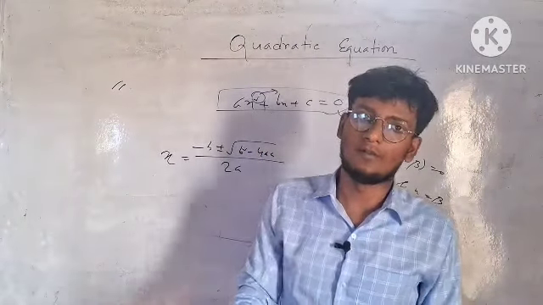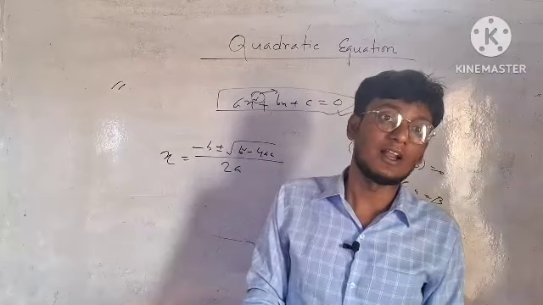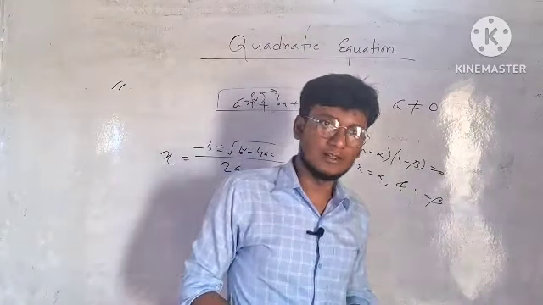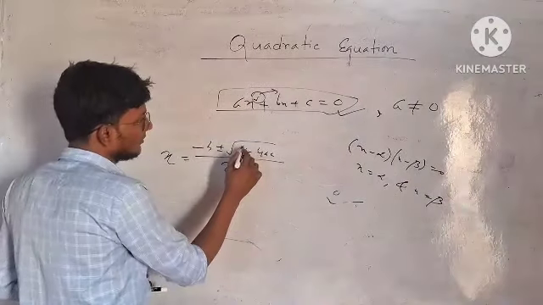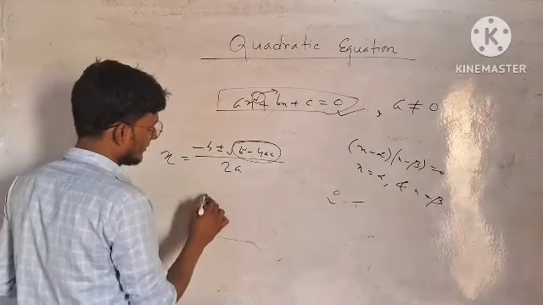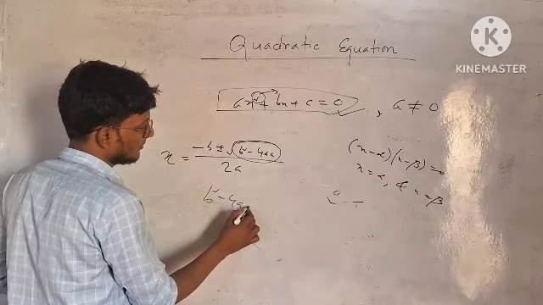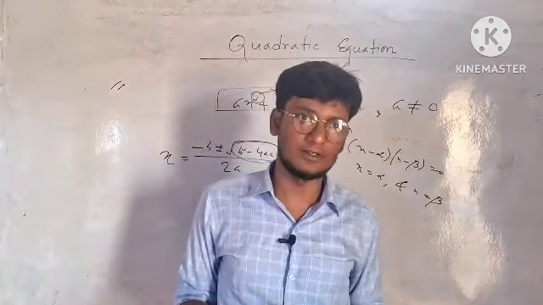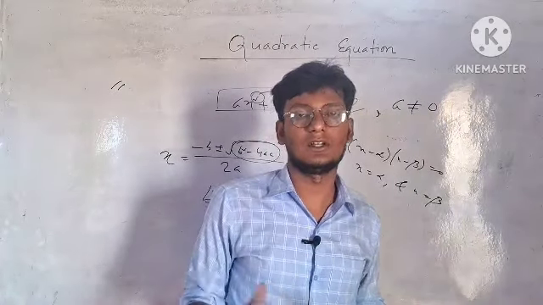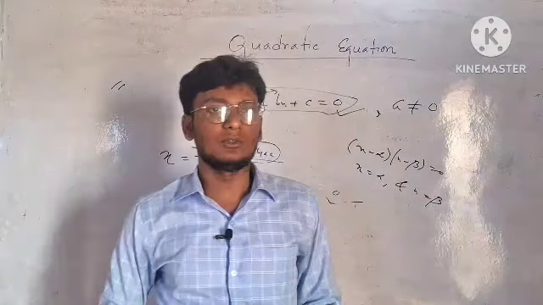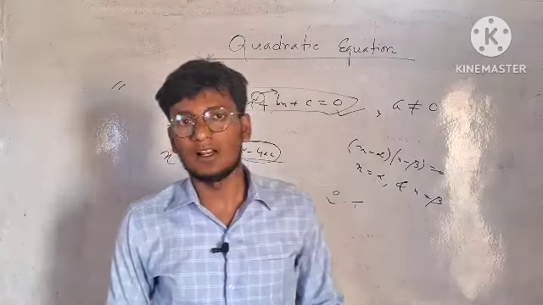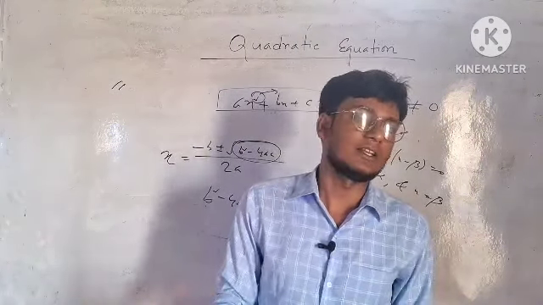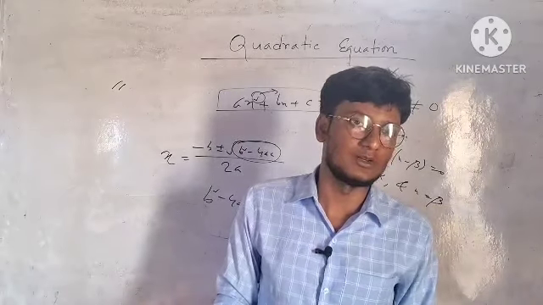If you apply this formula, you can find the roots of a quadratic equation when you are unable to express it in the form of x minus alpha into x minus beta. Also b square minus 4ac is called the discriminant, which helps us find whether the roots are real, complex, or equal.